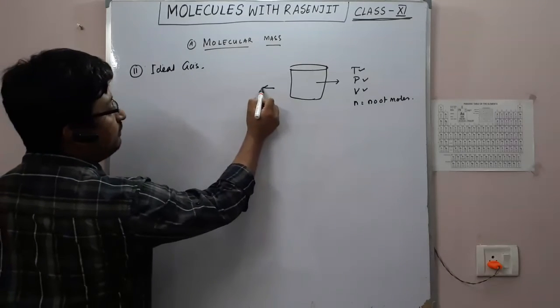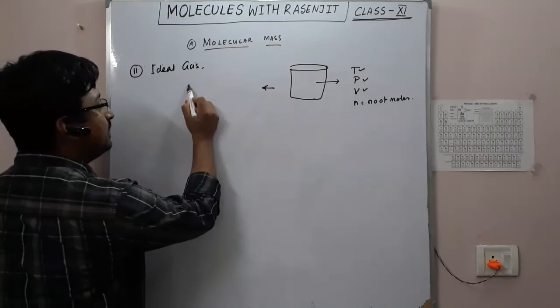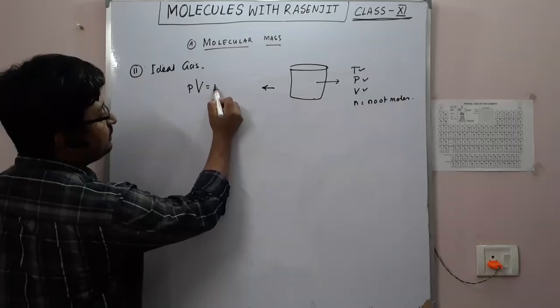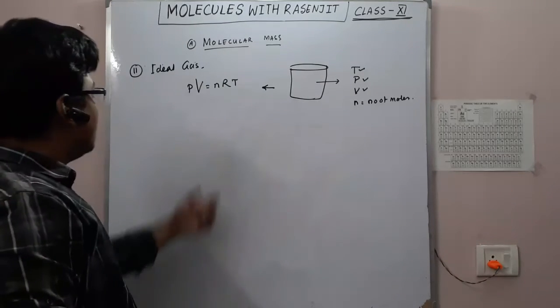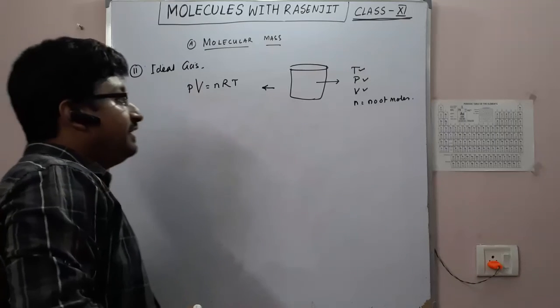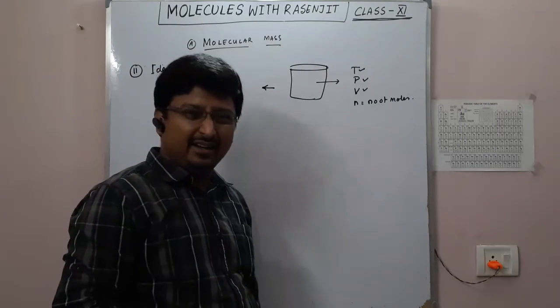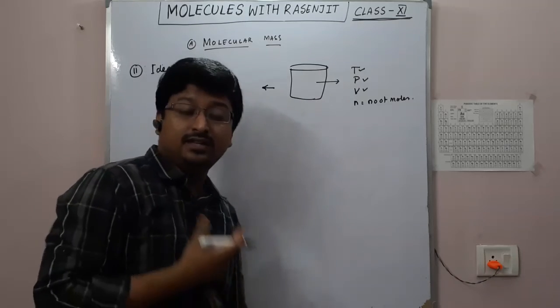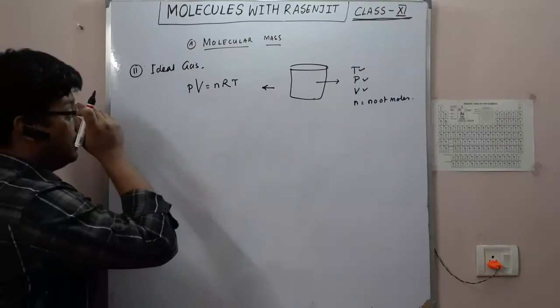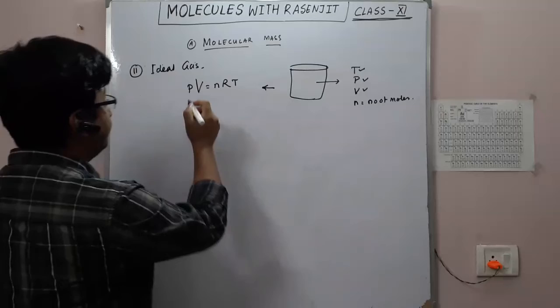The relation we can establish from here is PV equals nRT, which is nothing but the ideal gas equation. You have already learned this ideal gas equation in class 9, 10, and you will learn details about it in your class 11 chapter on the gaseous state of matter.